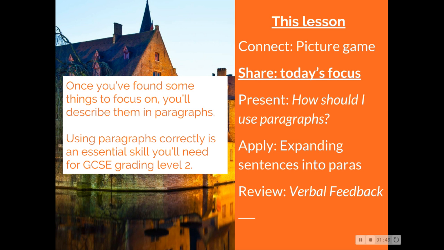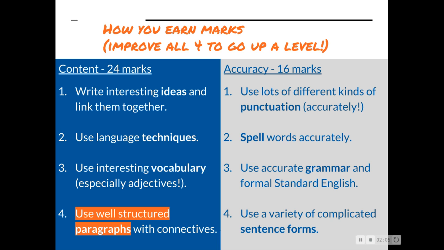Using paragraphs in your writing is an essential skill that you're going to need for GCSE grading level 2. If you want to be getting on pace for a grade 3 or a grade 4 or higher, then it's absolutely essential that you're going to use paragraphs, because using paragraphs is part of the mark scheme.